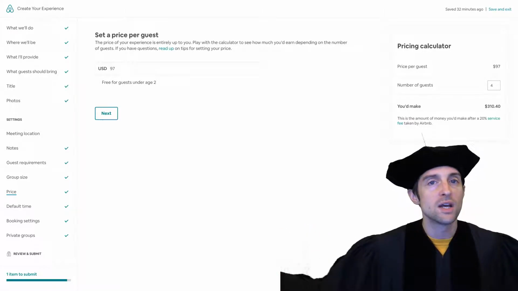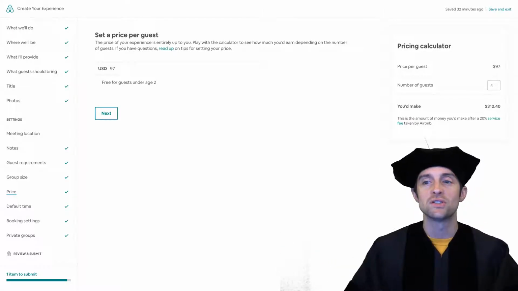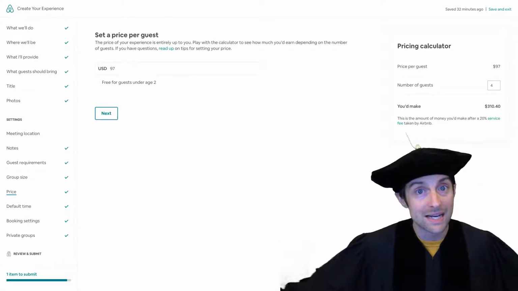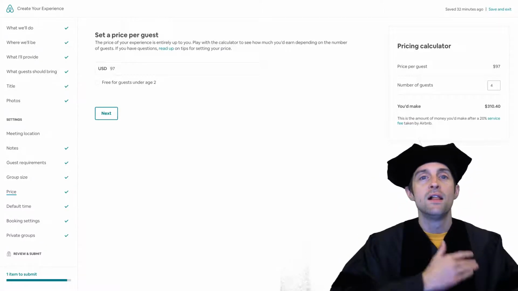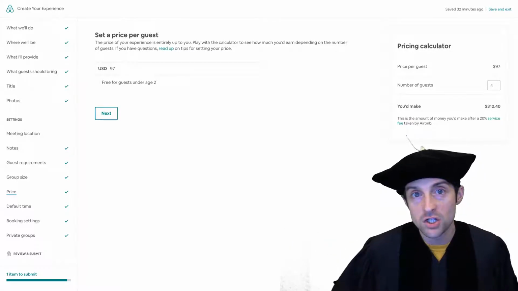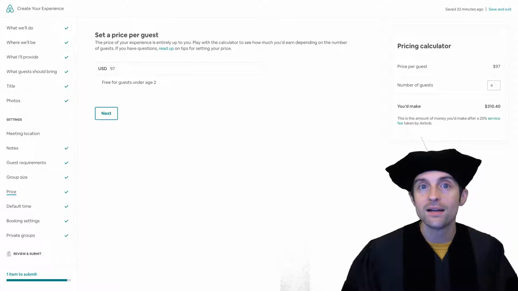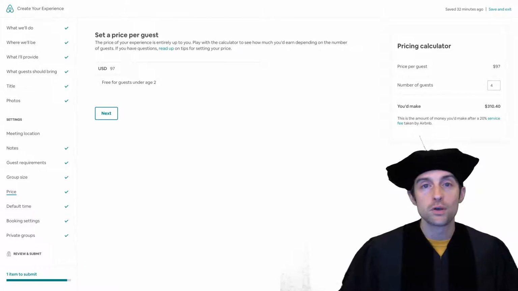Then once you get a lot of great reviews, a ton of consistent great guest experiences, and you're getting booked so often that you don't have any availability, then you put it up to the very highest level to discourage people from constantly booking it and to allow yourself to really focus on the experience and make the most money from it.